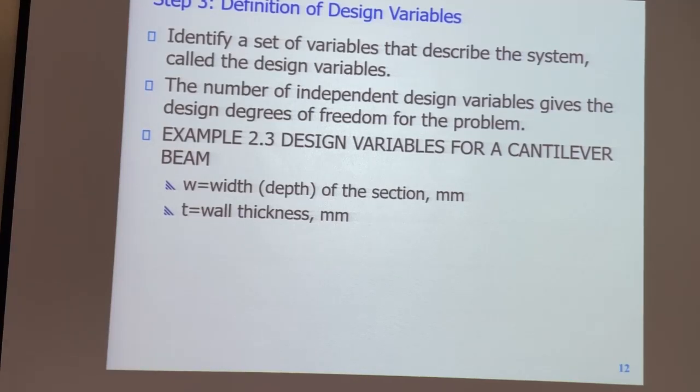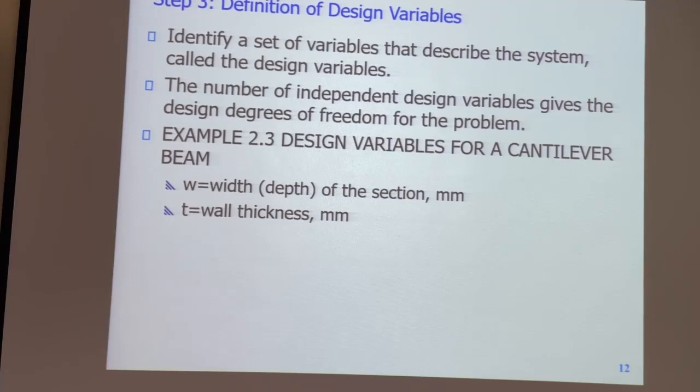They are the variables we can change. Because we change W and T, we can change the cross section. Because we want to minimize the mass, but the length is fixed, the only thing we can do is change the width and the thickness. So naturally, we select width and thickness as the design variables.